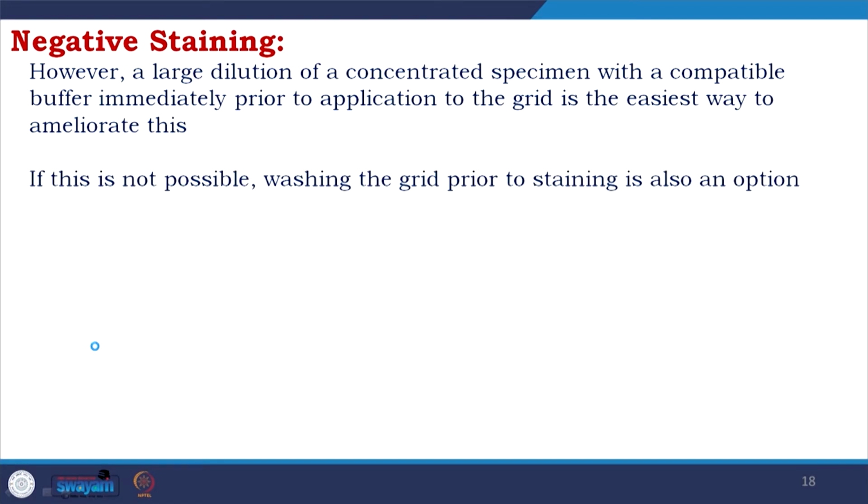You will always try to set it up in such a way that you have a grid, you have the stain and it does not go to the other side. But how could you do that? One is proper dilution, but if it is not possible, then wash it properly.